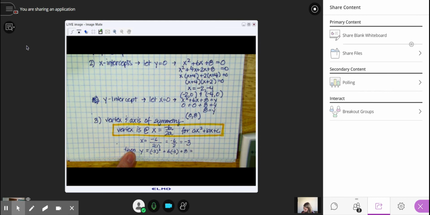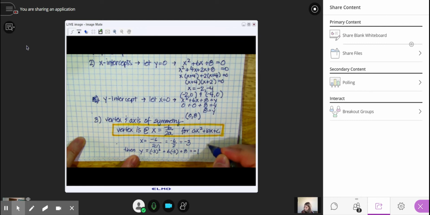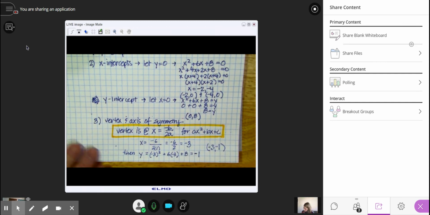Into the x squared plus 6x plus 8. So this gives me a point at negative 3, negative 1 that I know is the vertex.